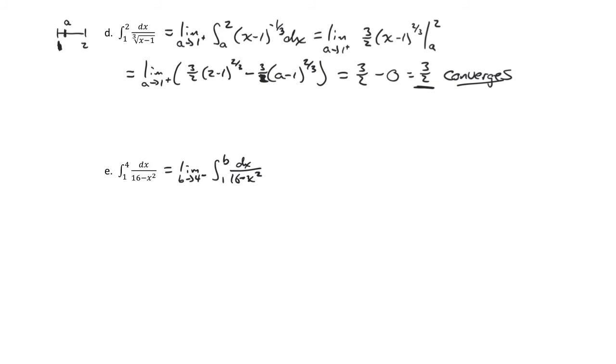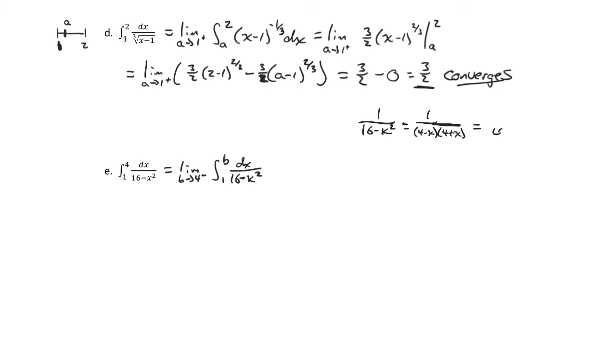So it's really just 1 over 16 minus x squared, which factors as 1 over 4 minus x times 4 plus x. Be careful because the 16 is the first term there. It's got to be 4 minus x rather than x minus 4.